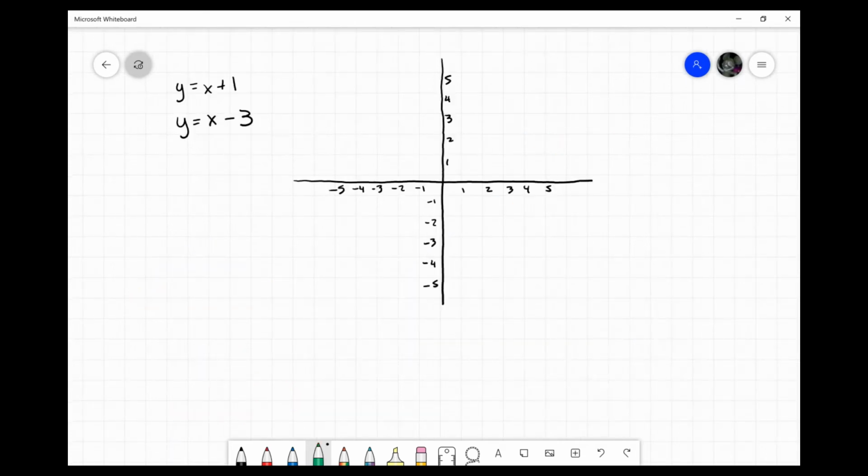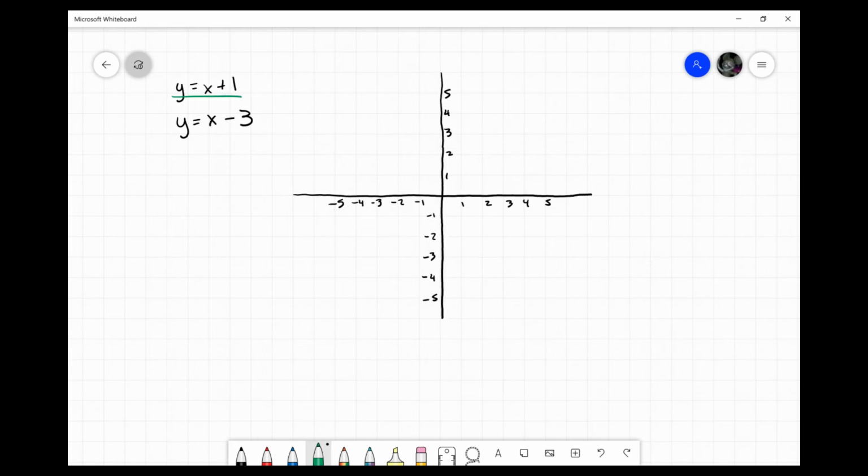All right, this time we're going to be graphing this system of y is equal to x plus 1 and y is equal to x minus 3. So starting off, graphing y is equal to x plus 1, our y-intercept, where it crosses the y-axis, is at 1. Plot a point there. And then we have a slope, which is the number in front of x. There is no number, it's only showing x, which means it's an implied 1.